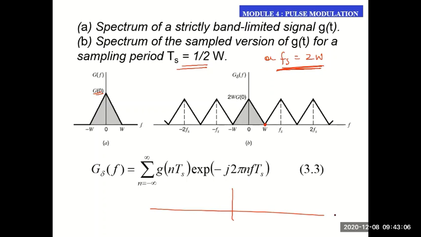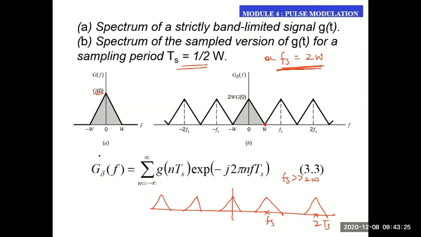Initially I showed you if I choose Fs greater than 2W, then this Fs, 2Fs and all will be a little far apart. You see a separation between these shifted spectra, right?